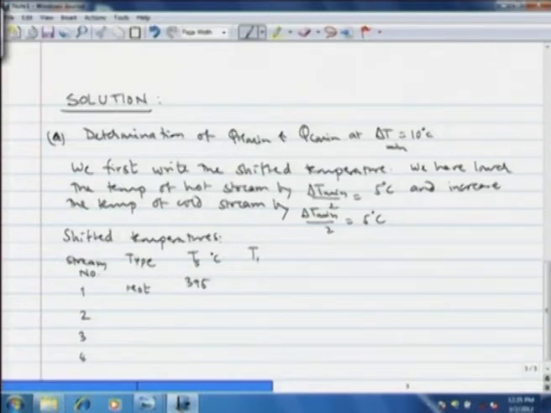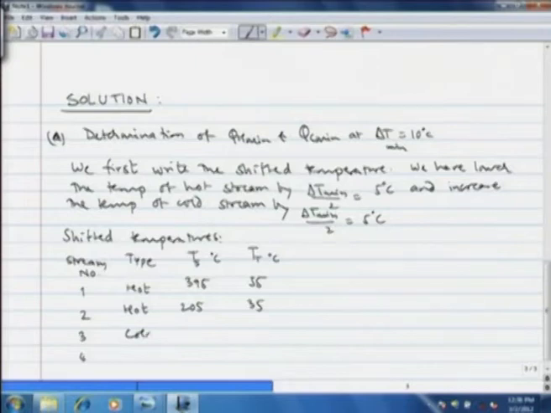The target temperature is 60 minus 5, that is 55. Then second stream, which is also hot stream, here the supply temperature was 210, that is lowered by 5 degrees to 205. Target temperature was 40, that is again lowered by 5 degrees to 35.